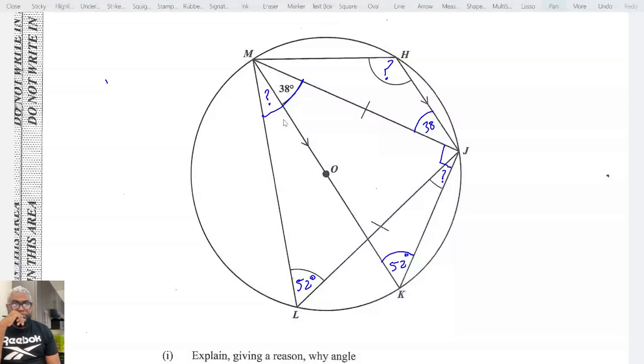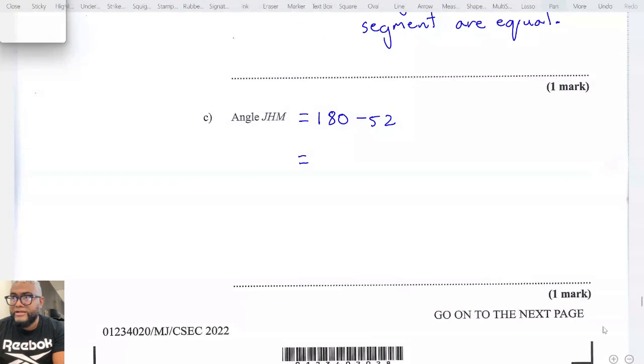Figure it out. We're trying to find just H alone, MHG. L is 52. We want to find M. No, they call it JHM. How do you find JHM?